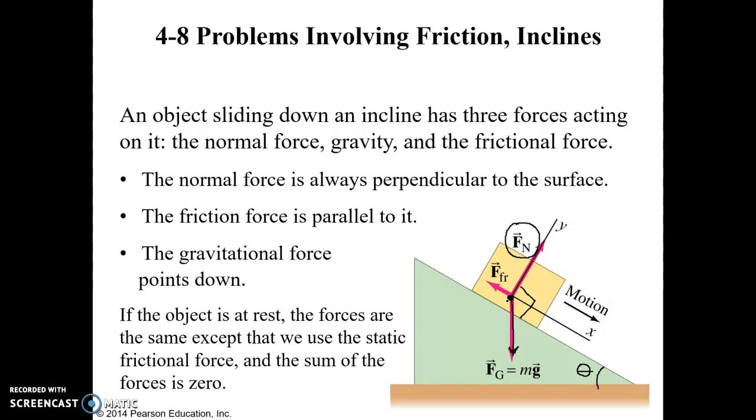It makes a 90-degree angle. And then the friction force is going to be parallel to the incline of the ramp. Okay, so it creates some angles. It's going to involve some trigonometry to break some of these vectors down into vertical and horizontal components.